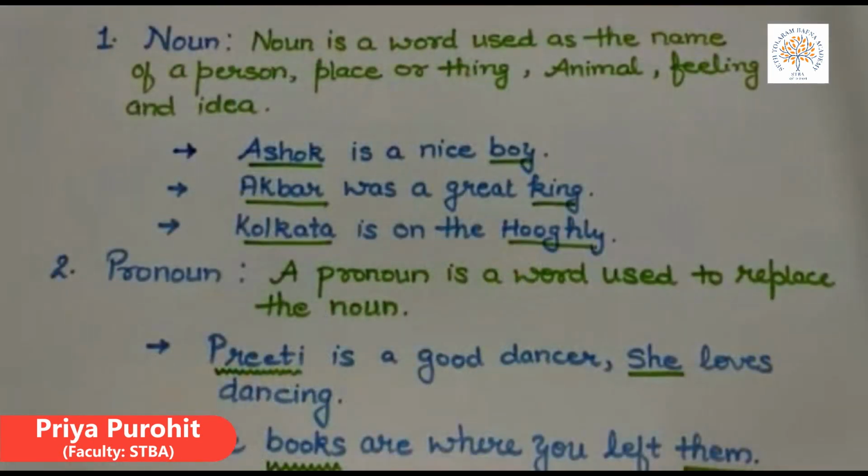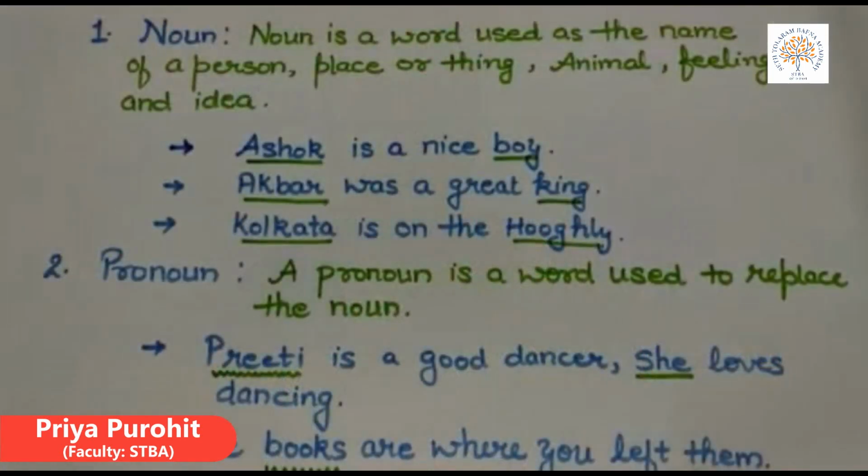Parts of speech is just a name given to a word based on conjunction and interjection. Noun is a word used as a name of a person, place or thing, animal, feeling and idea. And examples you all know.